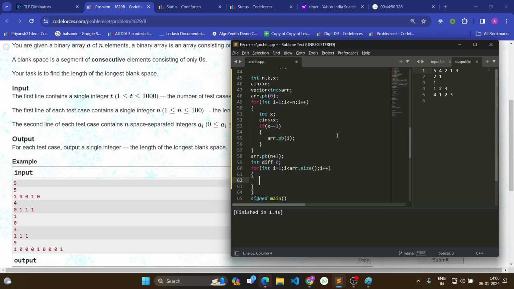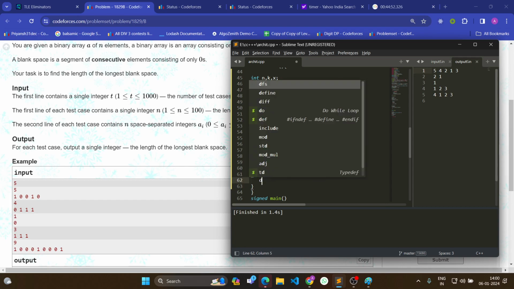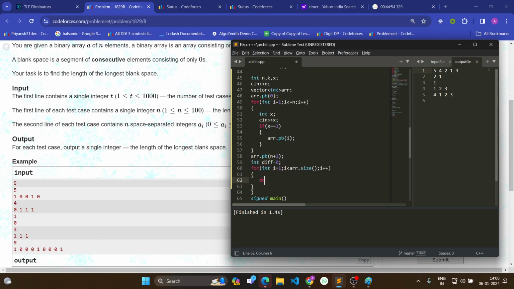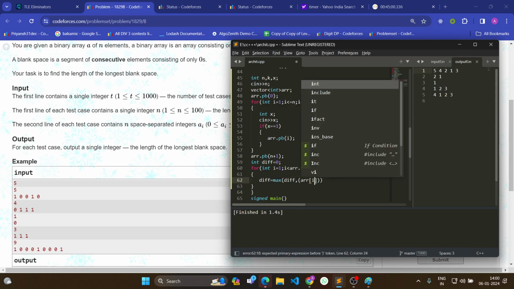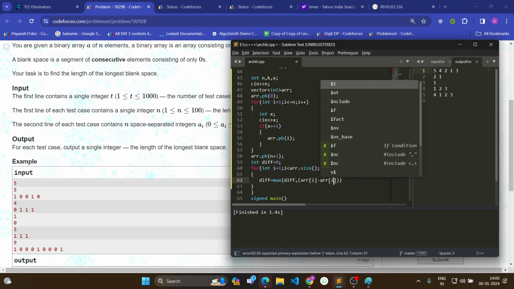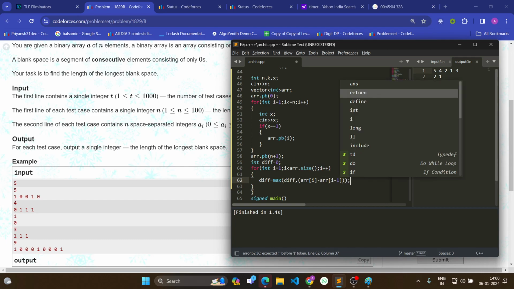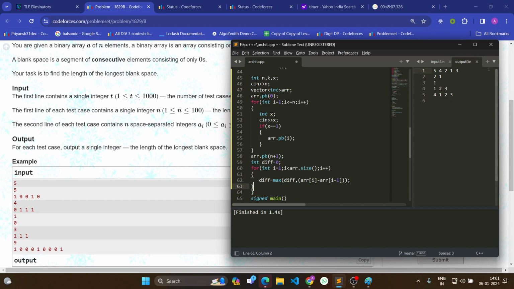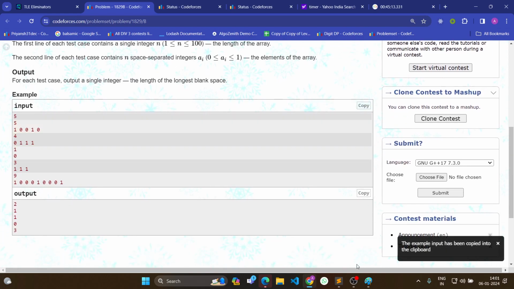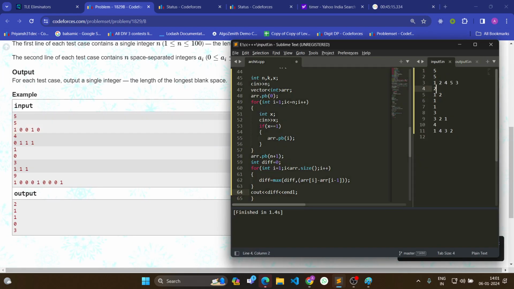So the answer is max of diff, comma, array of i minus array of i minus 1. Yeah, that should be the answer.